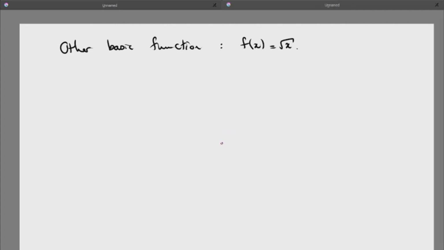Now, in order to first examine this function and its link between what the function looks like and what its derivative looks like, I need to use the limit definition to find that derivative. And in the case of the square root, it's not going to be the most fun you've ever had, but it's unfortunately what we have to do as we're trying to cross over getting away from the limit definition.